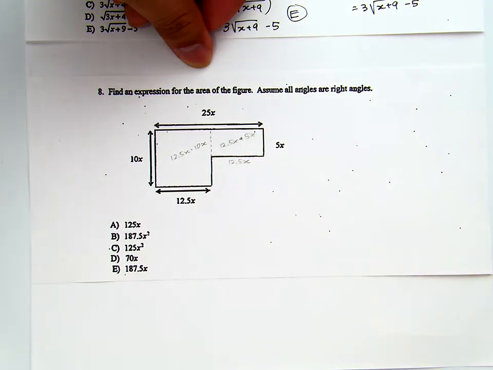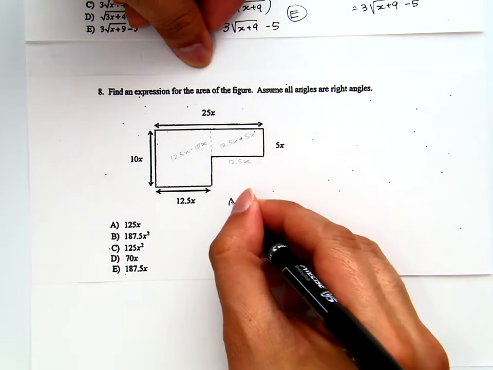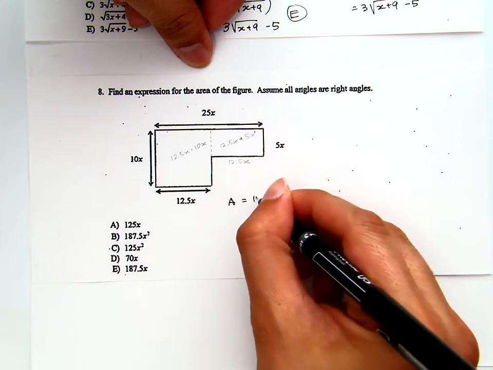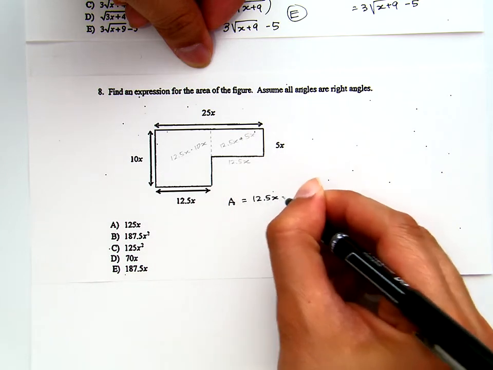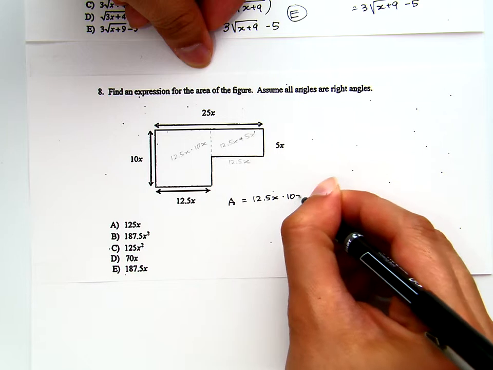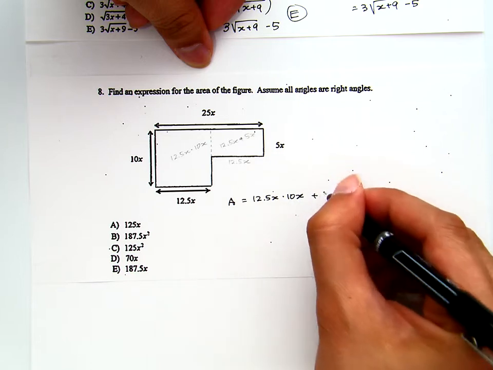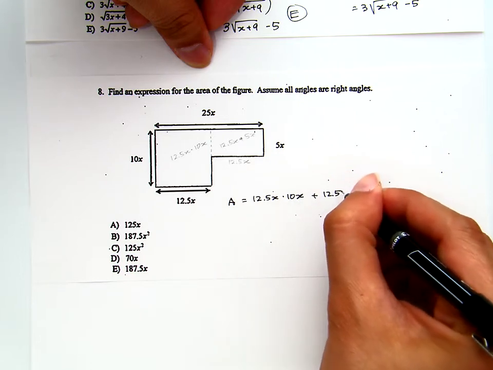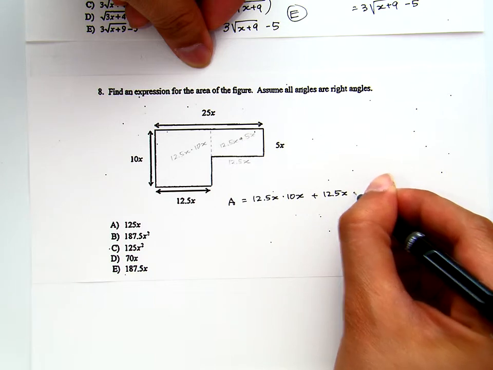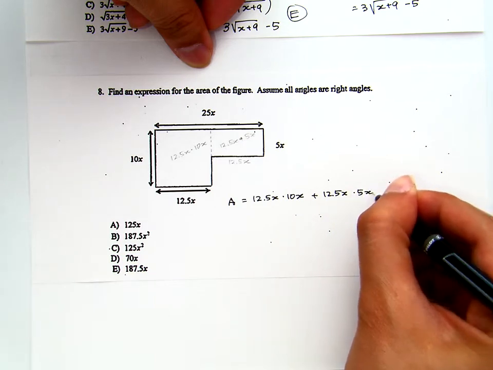Okay, now let me write it down. Then the area of this figure will be 12.5x times 10x plus 12.5x times 5x.